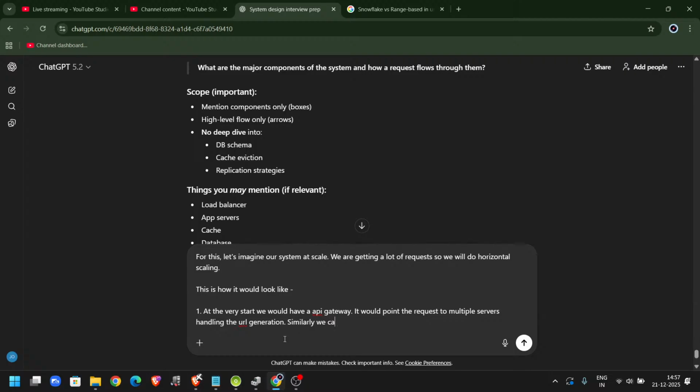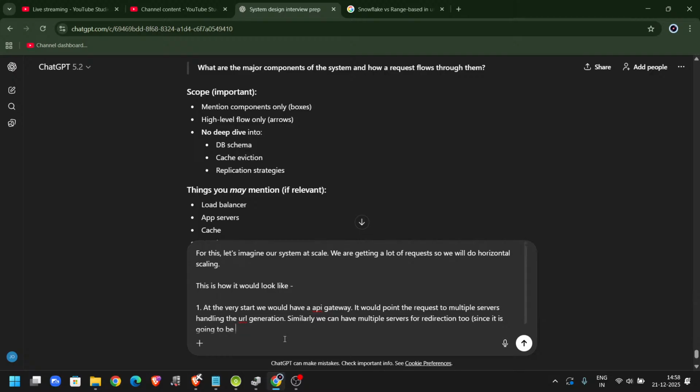Similarly, we can have multiple servers for redirection too, since it is going to be read heavy. Okay, wait, if it is read heavy, do we need servers?